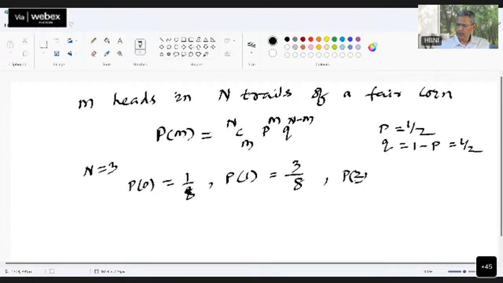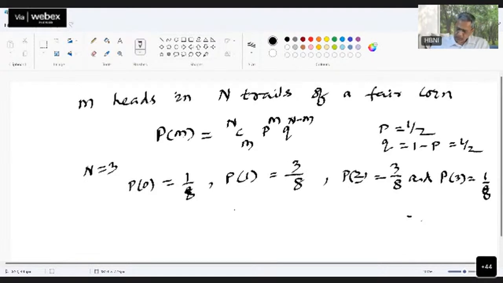P2 will again be 3 by 8, and P3, the probability of 3 heads, will be 1 by 8 again. So this distribution is called the binomial distribution.